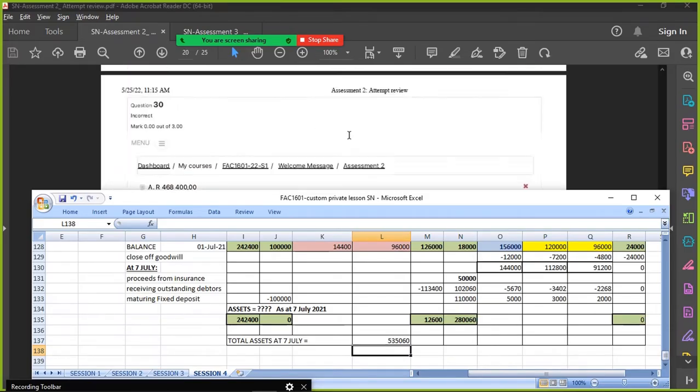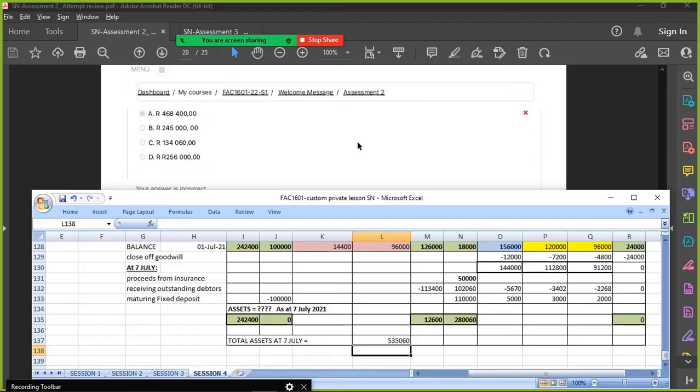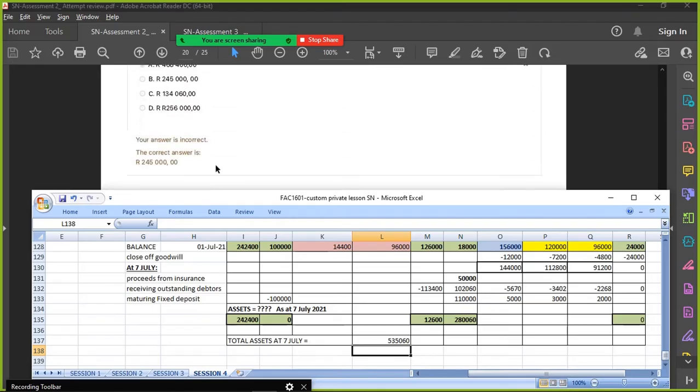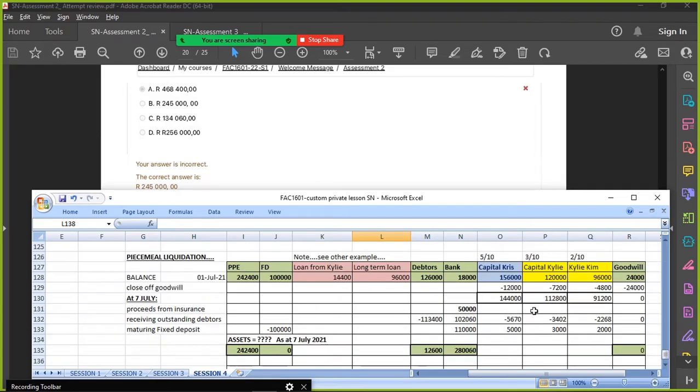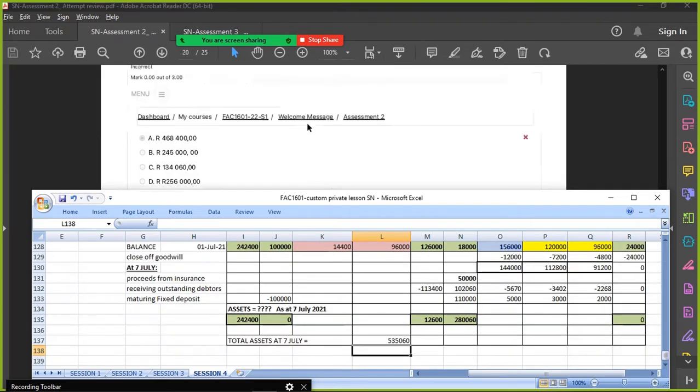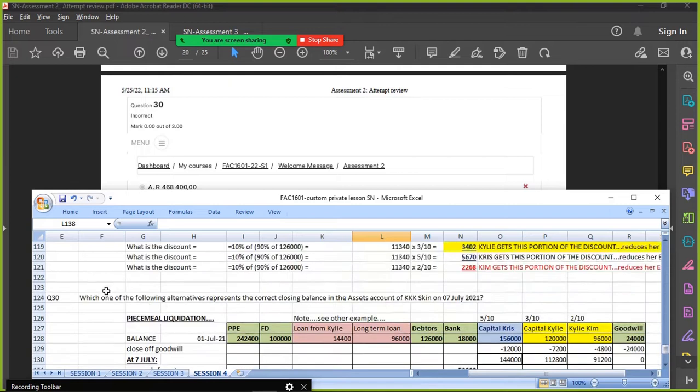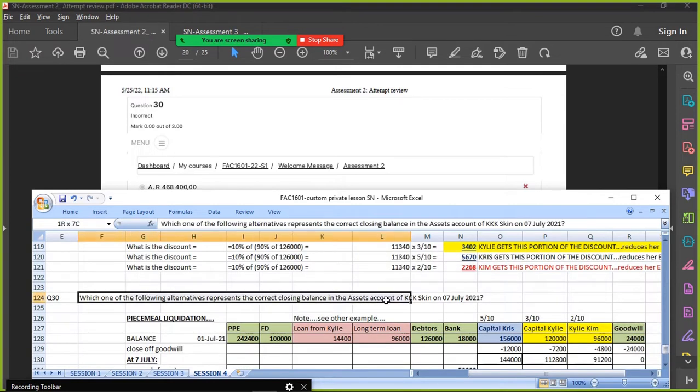Question number 30. The correct answer is 245,000. Unless they've paid out a portion to the partners, possibly. But what did the question say? The question said, which of the following alternatives represents the correct closing balance in the assets account on O?